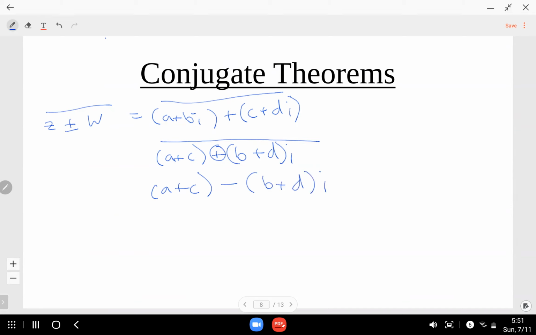And then you see here, it's going to be a minus bi plus c minus di. So basically that results in the conjugate of z, which was a plus bi, and the conjugate of it is a minus bi, and in w's conjugate, c minus di.